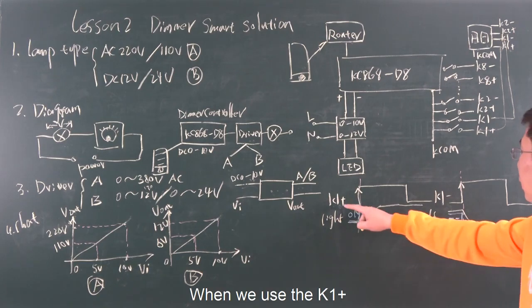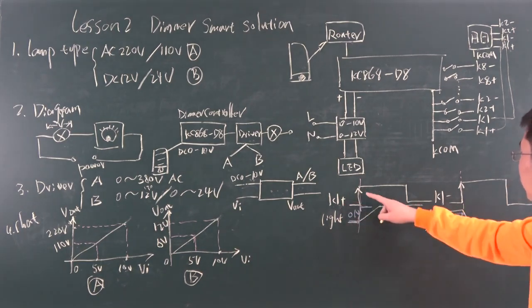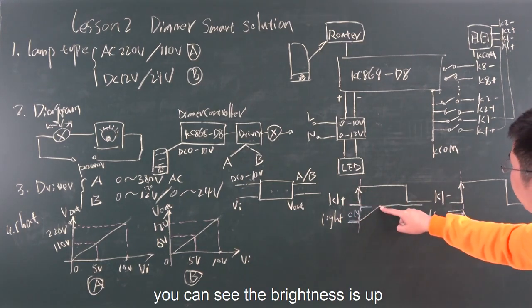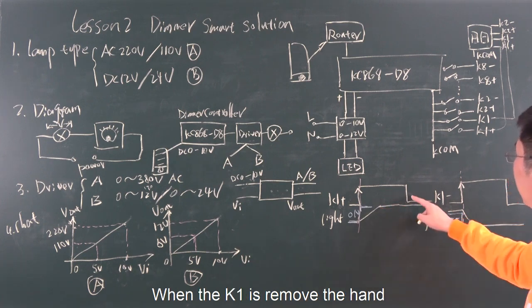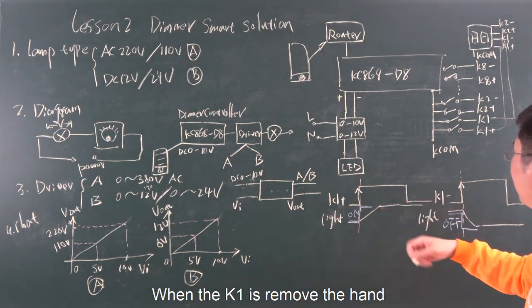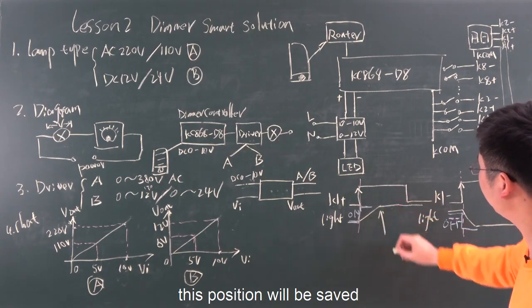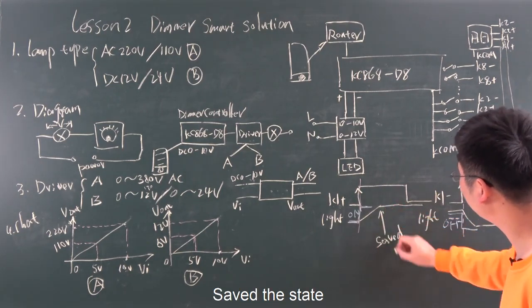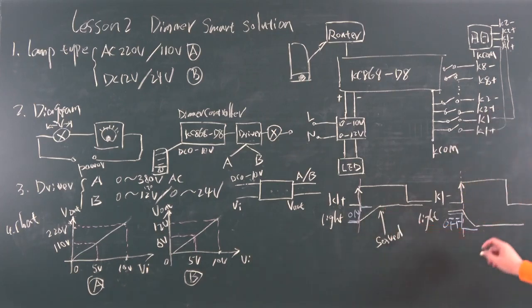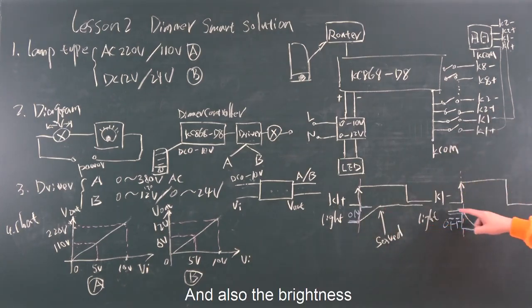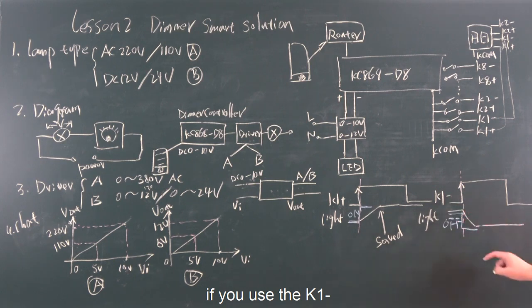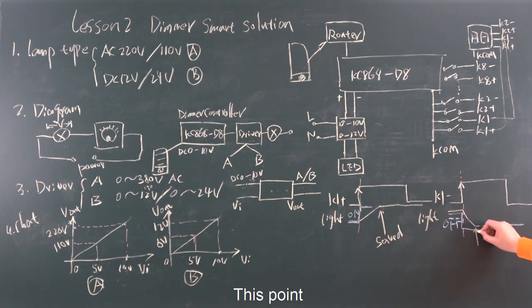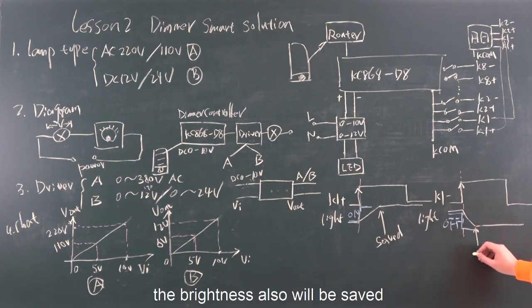And when we use K1 up, you can see the brightness goes up. When you remove your hand from K1, this position and state will be saved. If you use K1 down, the brightness changes down, and that brightness level will also be saved.